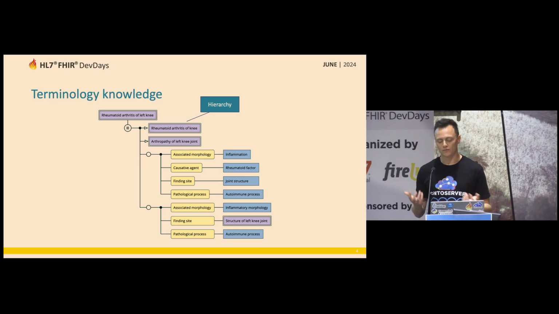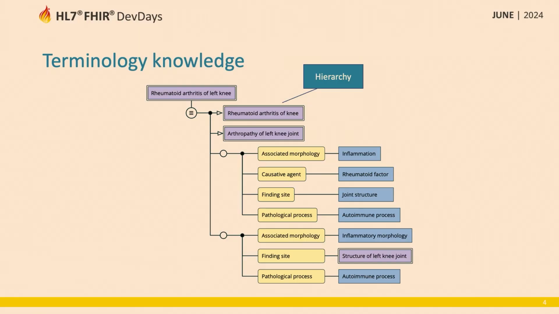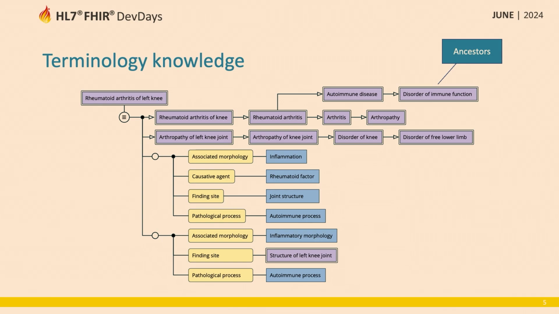This can be useful for capturing related data into categories. Attributes can describe things like the finding site, causative agent, and more. The hierarchy of concepts can be expanded out further to roll this condition up into even more general concepts such as arthritis or autoimmune disease.